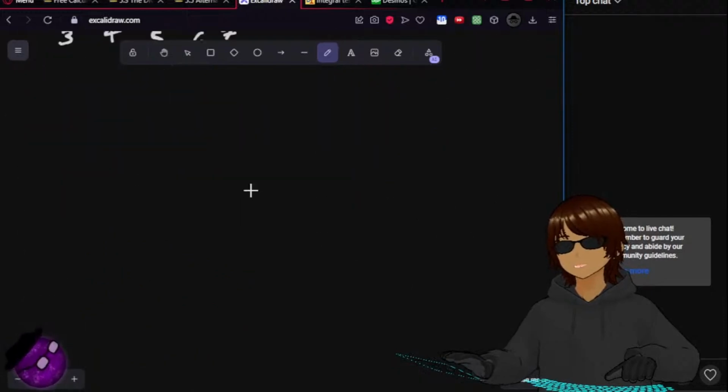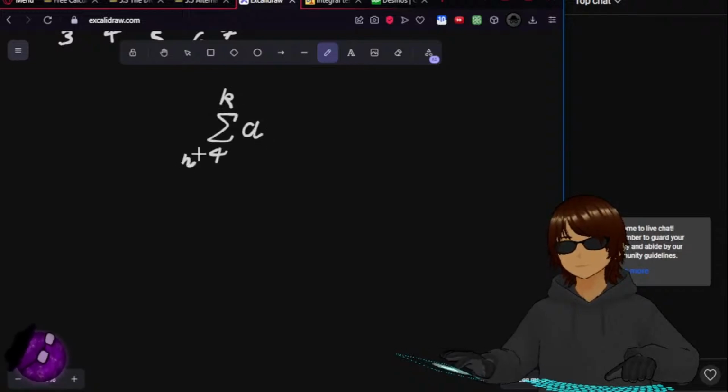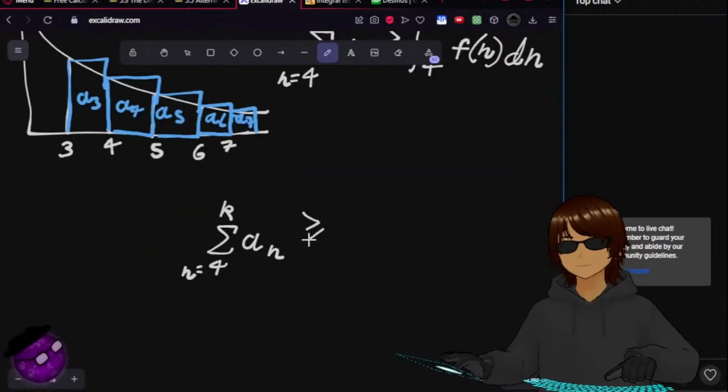Basically, what I gathered is this. This is called the integral test.